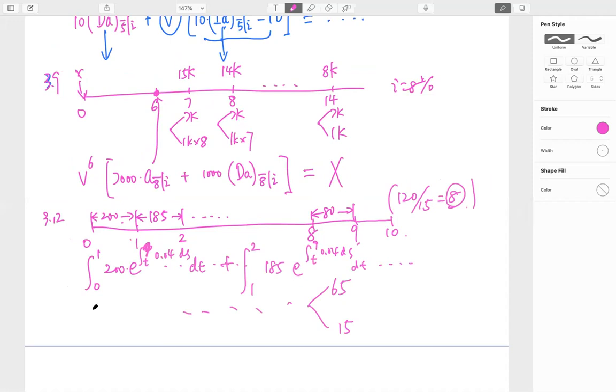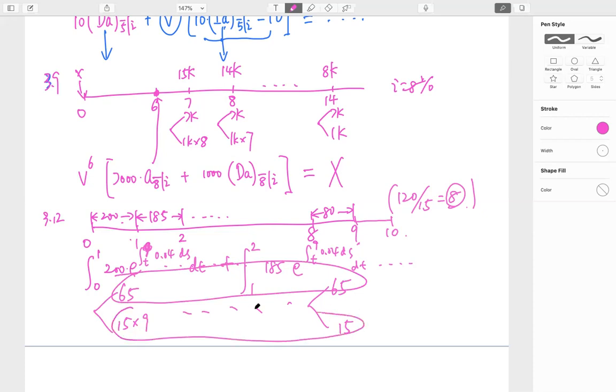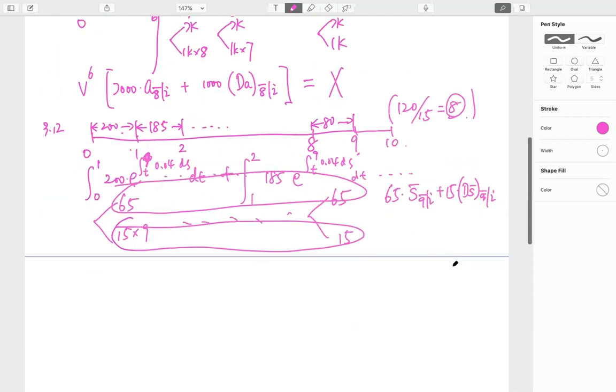You go back, this is 65, 50 times 9. And then you have a level continuously payable annuity, so basically a 65. This is a level, so it's S bar because this is continuously payable. Then I factor out 15. This is a decreasing continuously payable for 9 years, right? So once you have done enough, you can easily see the decomposition at this moment.